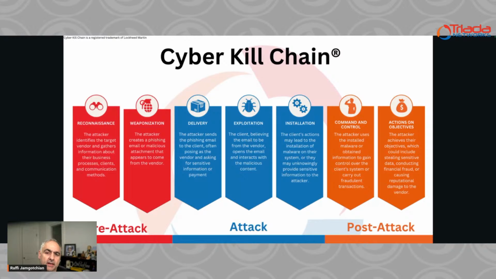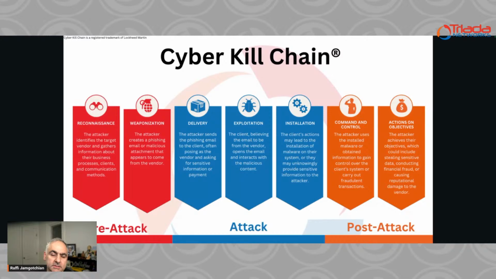The pre-attack, sometimes in technology parlance we call that left of boom. That's before the actual attack takes place. The attack, at the boom point, is when the actual attack takes place, and then post-attack, what do they do with their capabilities? So we'll start across from left to right.